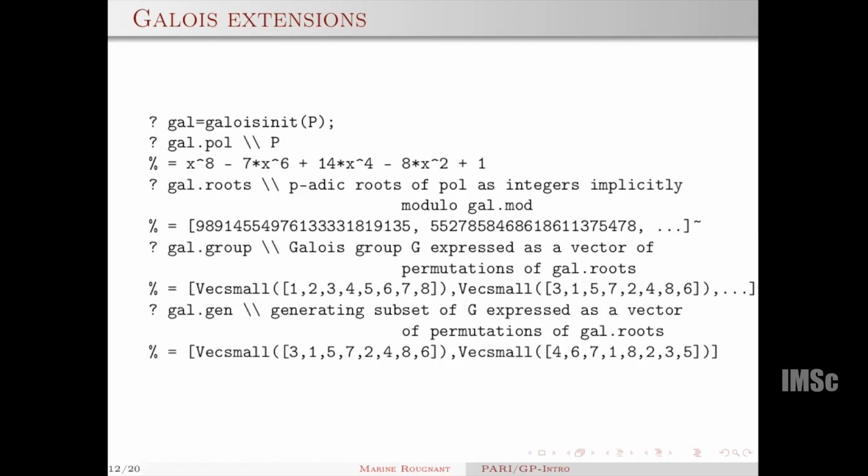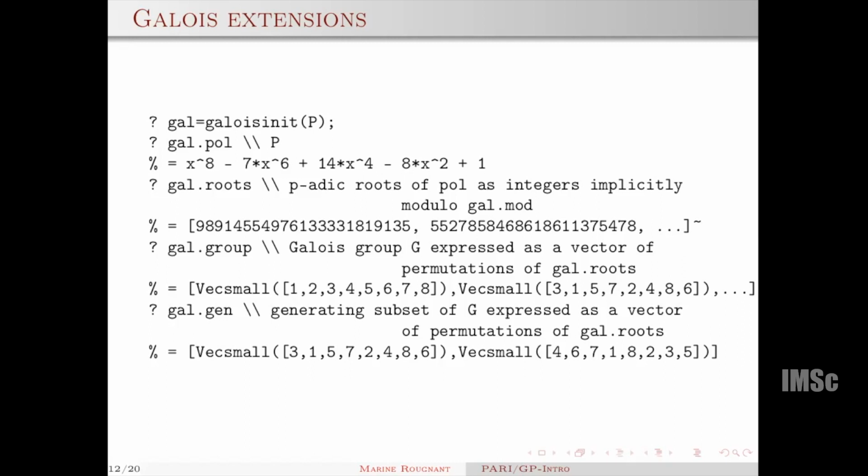You can also find the Galois group of your extension, which is given by a vector of permutations of roots. Something quite natural, Galois groups are a matter of permutation of roots. So you have your permutation of roots here, which is identity. So you have a list of all your permutations.